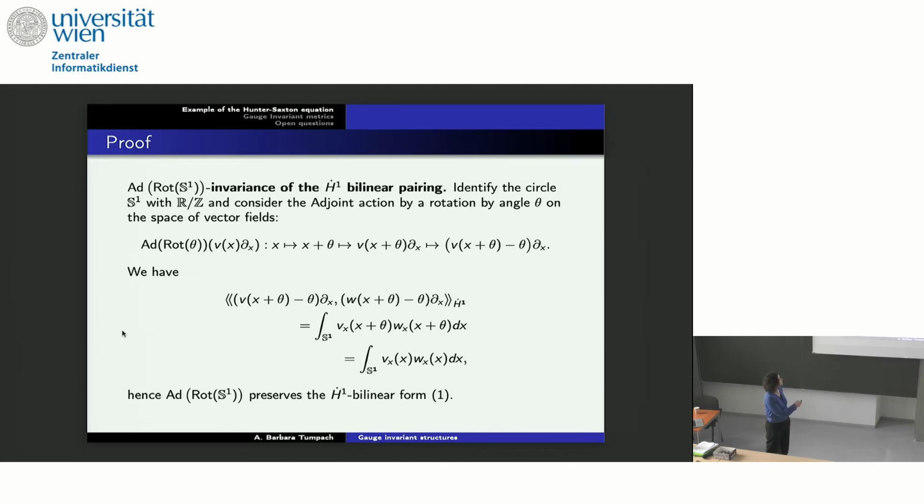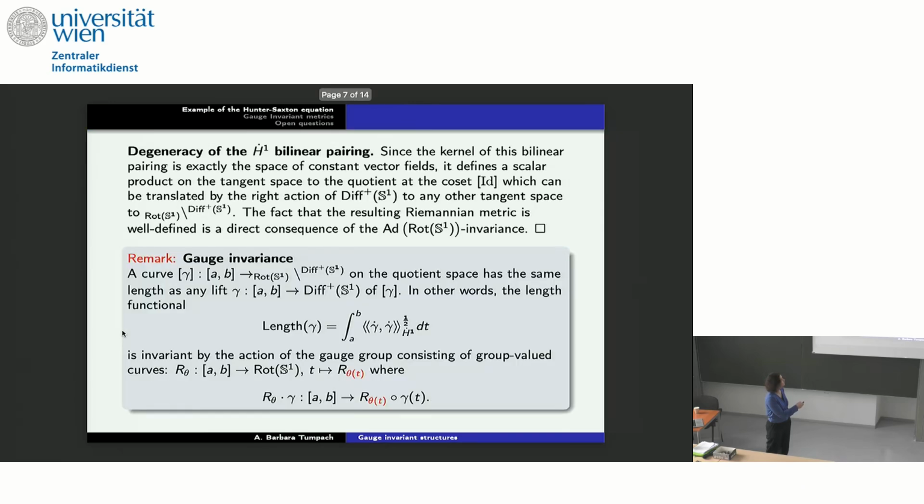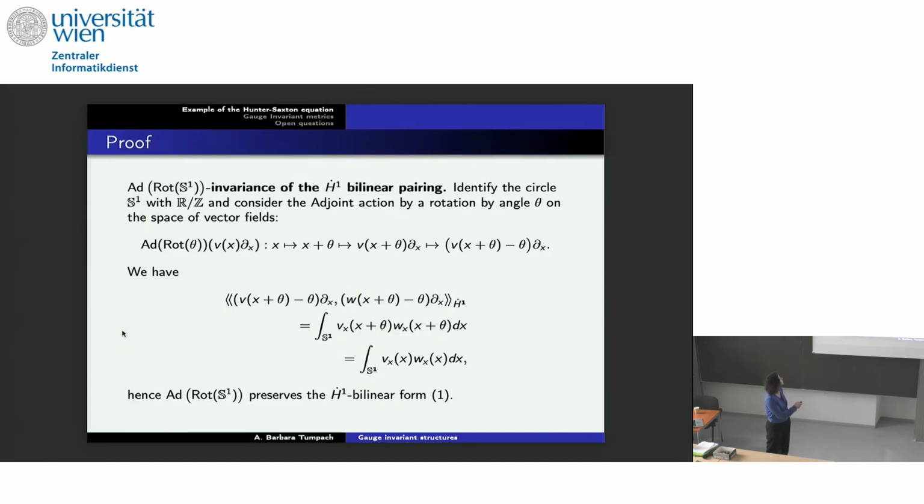So you start with x on the circle, you rotate it, so here we are in the space of angles, so you're just adding a fixed angle theta. Then you look at the vector field at this point, x plus theta, so I called it v. v is a function of the variable x.